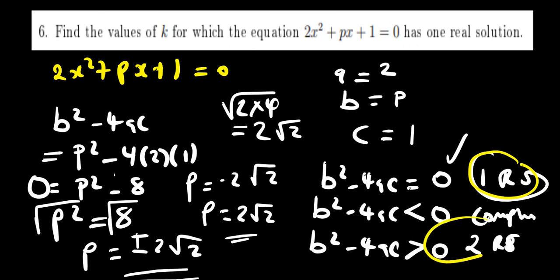Even these ones are solutions. If they haven't specified one or two, we're going to combine these, so we're just going to put a greater than or equal to there. Actually, they've said two real solutions.